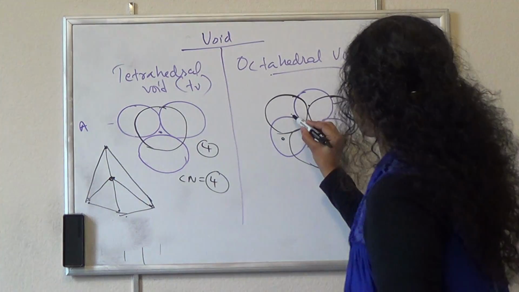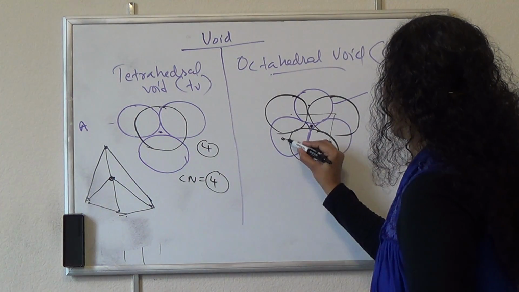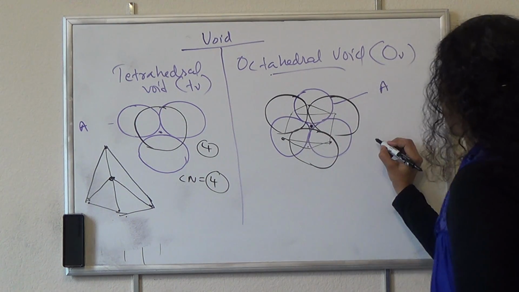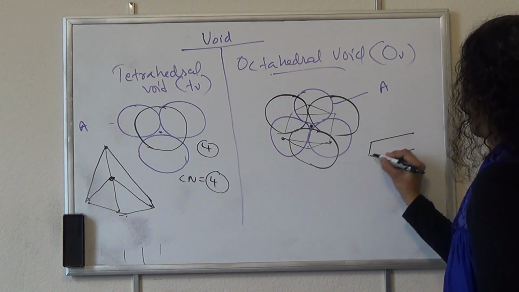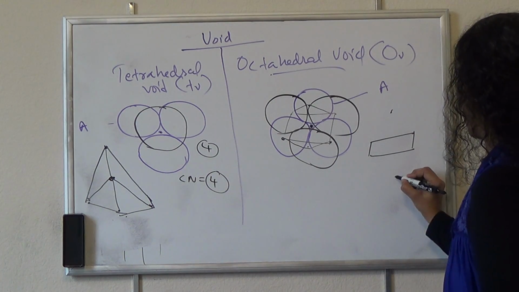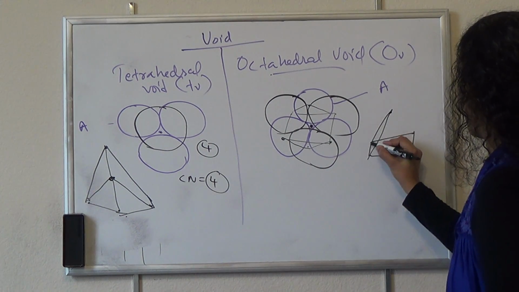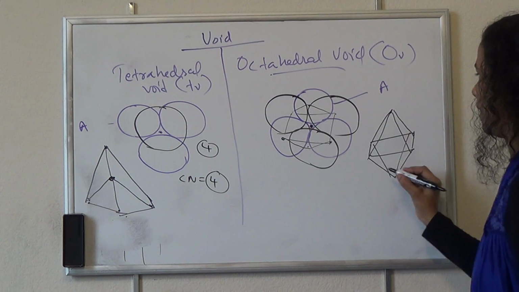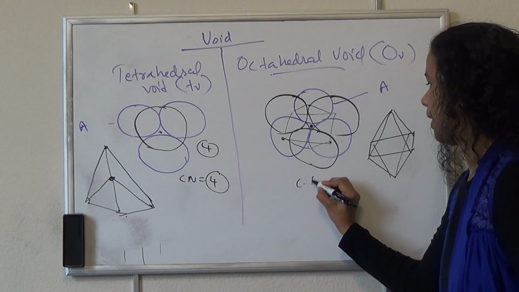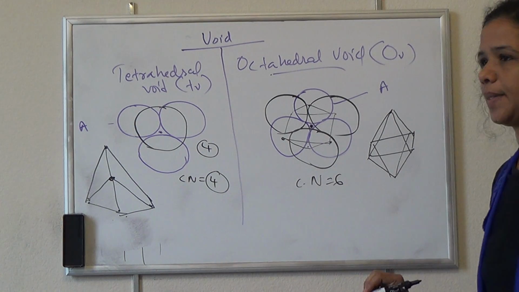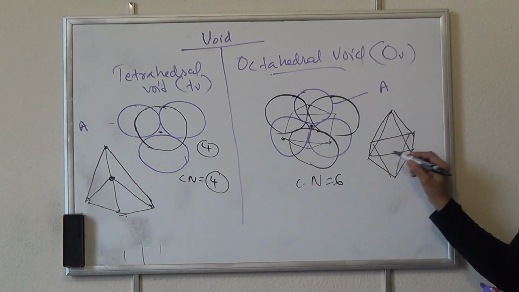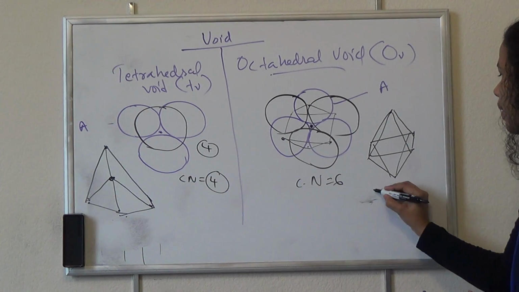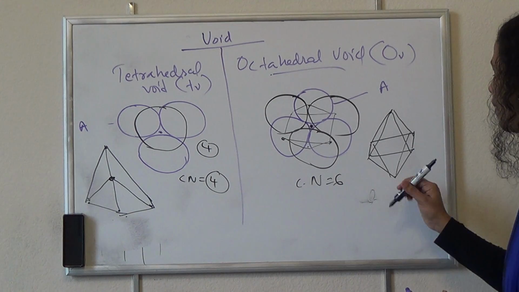When we join their centers, what will we get? I'll draw separately. We will get an octahedron. That is, this void is in contact with the 6 atoms. When we join the centers of these 6 atoms, we will get an octahedron. That is why this void is called octahedral void.